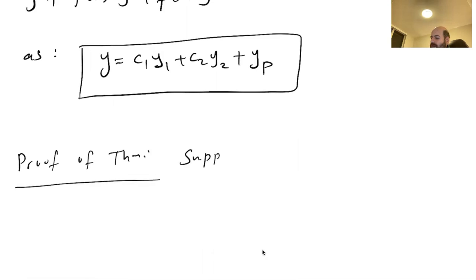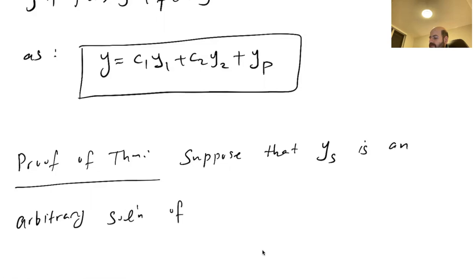So suppose that ys is an arbitrary solution of y double prime plus p of x, y prime plus q of x times y equals f of x.